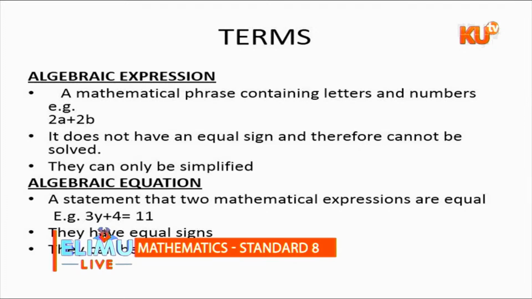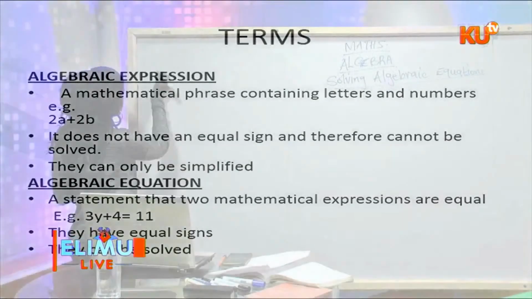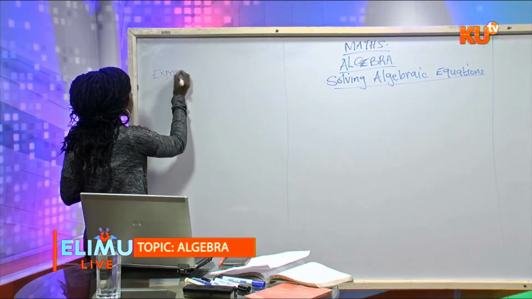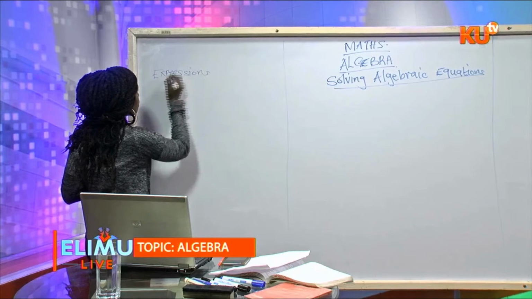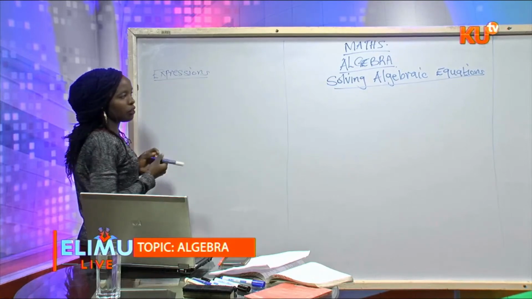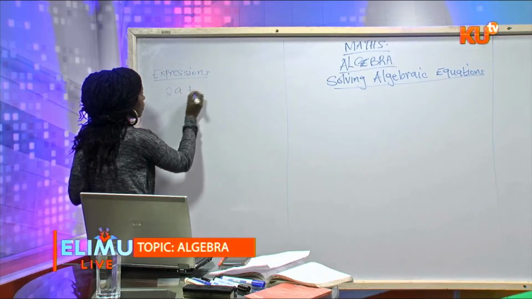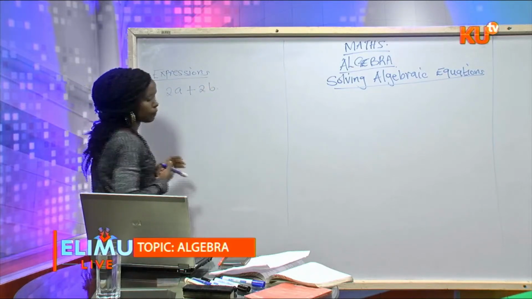An algebraic expression is a mathematical phrase containing letters and numbers. For example, 2a plus 2b.